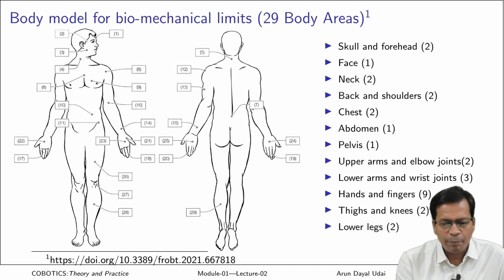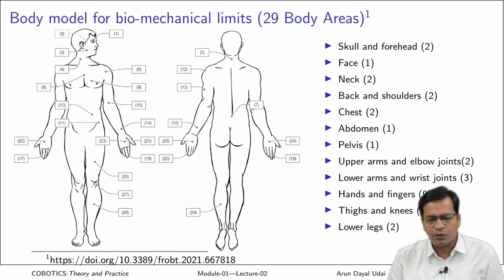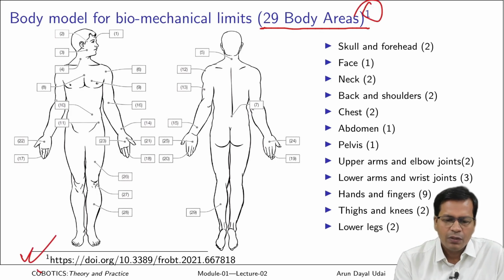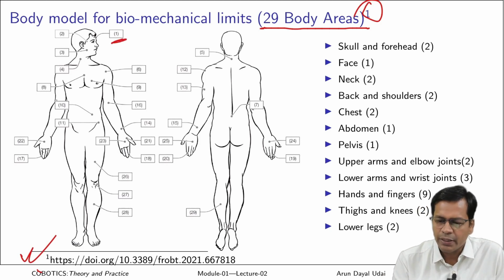This is the body model which has split the whole of the body into 29 body areas. You can refer to it here, this is the link I have provided. This is the frontal portion of your head, that is the forehead, the temple area, the skull area, and you have face, you have neck.